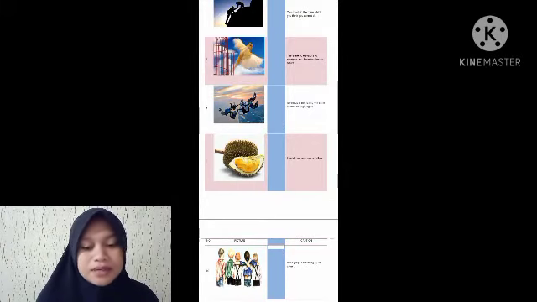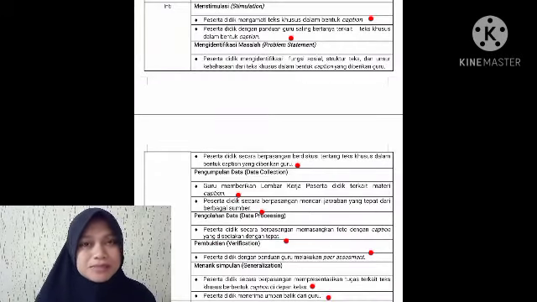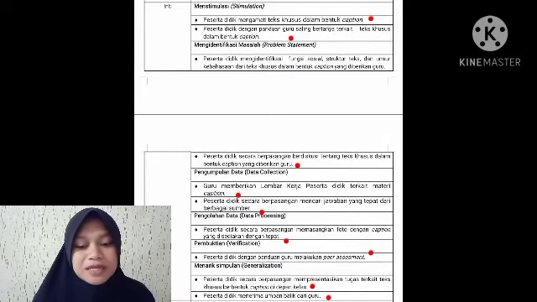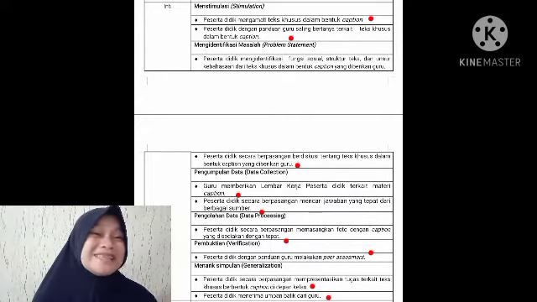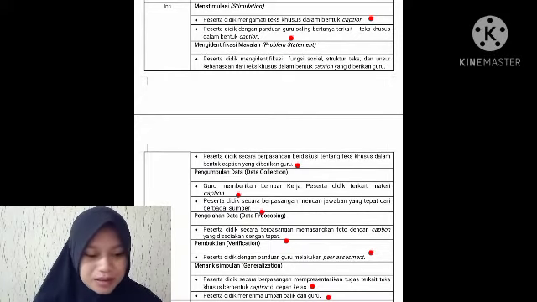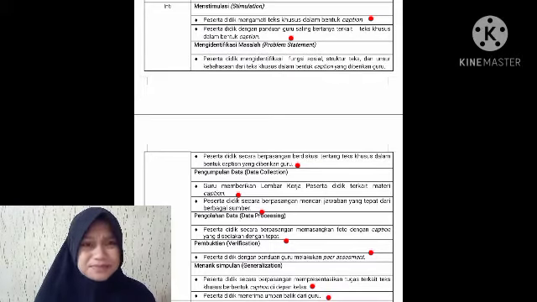And the next step is students do the peer assessment. So after they do their assignment, their worksheet, then they will do the peer assessment. And the next is students with their pairs present their caption worksheet that they already did in front of the class.